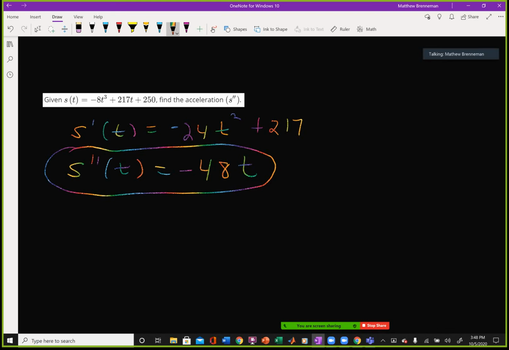Now, one word of caution, don't necessarily expect them to tell you that the acceleration is a second derivative. This is something that on an exam, they will expect you to know. They're not going to necessarily tell you.